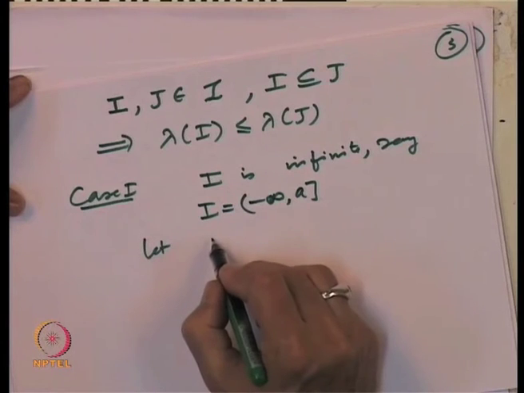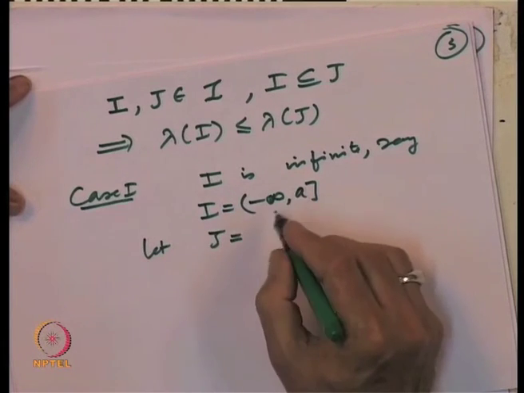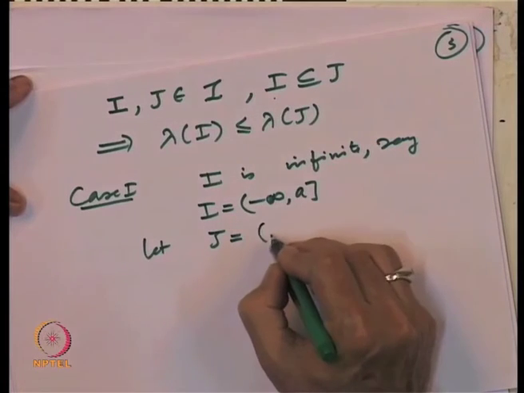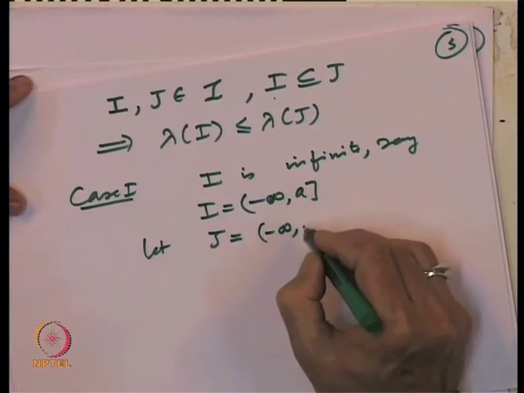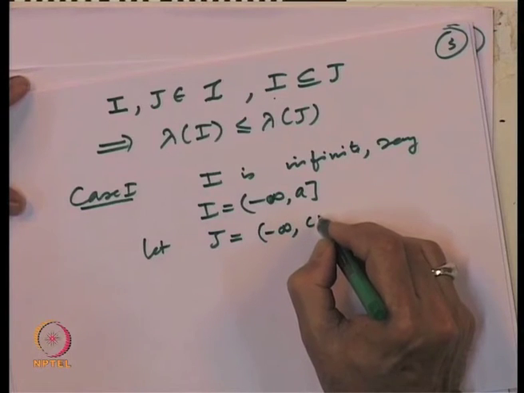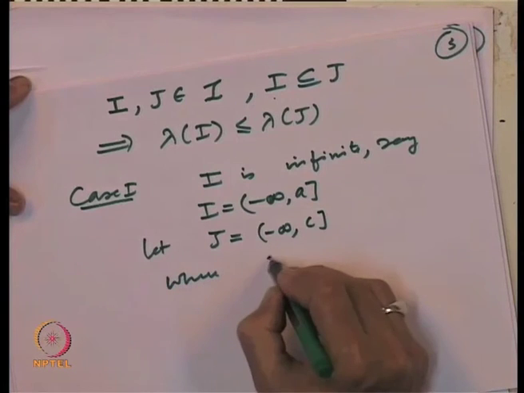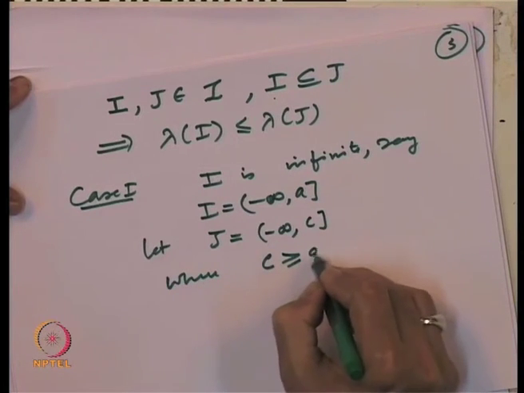Let j be equal to, now since I is a subset of j, obviously j has to start with minus infinity and it can go up to some point say c, where c is bigger than or equal to a.